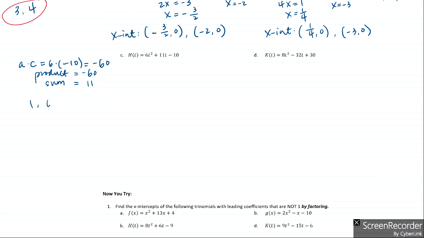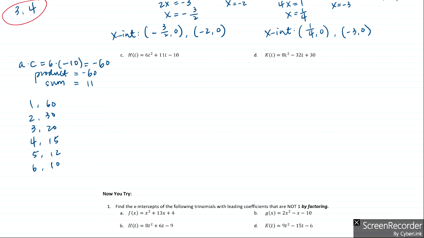So we can have 1 and 60, 2 and 30, 3 and 20, 4 and 15, 5 and 12, 6 and 10. I believe these are all the factors we can possibly have for it to work out to be a product of 60. But now notice the product is negative 60. That means one of the numbers in each factor pair has to be equal to a negative value.